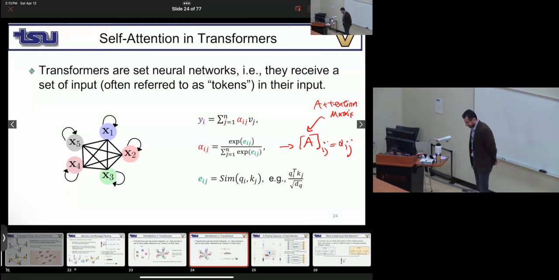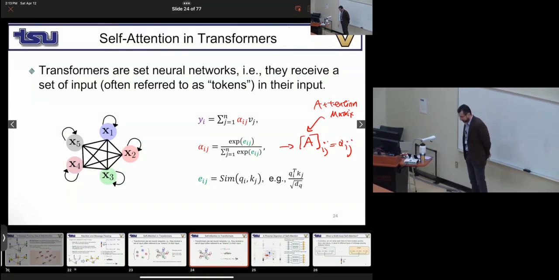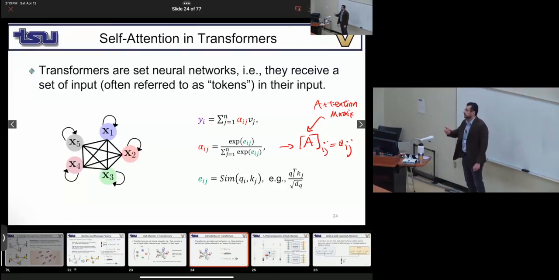Correct. So y_i is simply the value that you're going to get from your neighbors. It's in fact a convex combination of the values, because that's a probability vector. This alpha is a probability, so it's a convex combination of the values of all your neighbors.